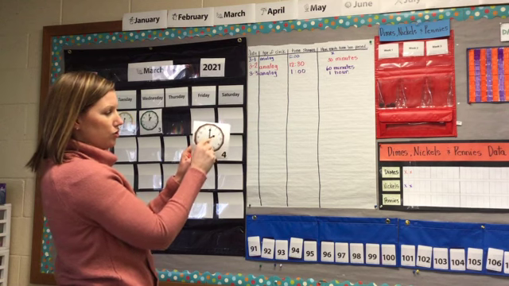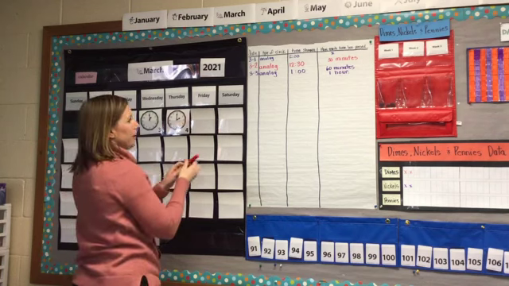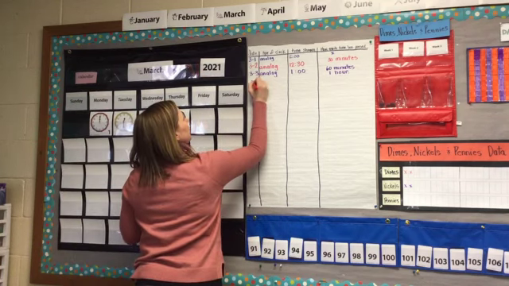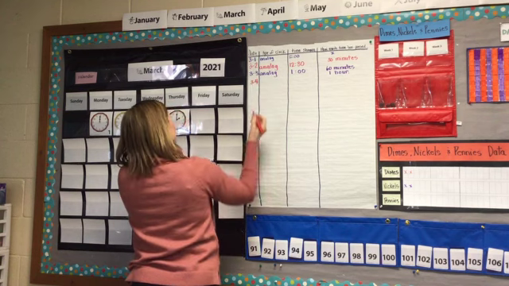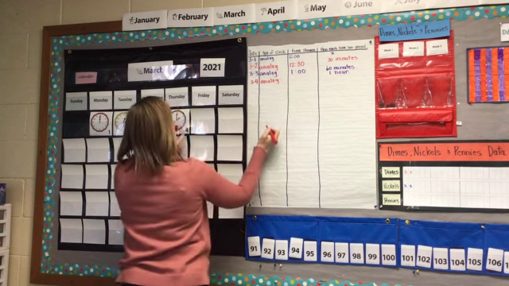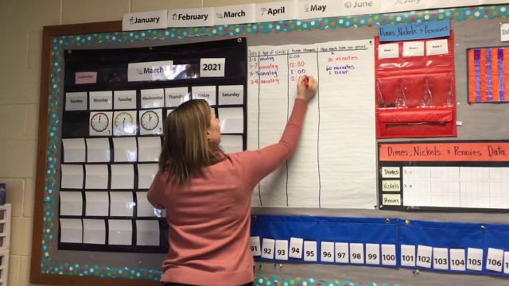So this is 2 o'clock. And we have another analog clock. So March 4th, we have an analog clock and the time is 2 o'clock.